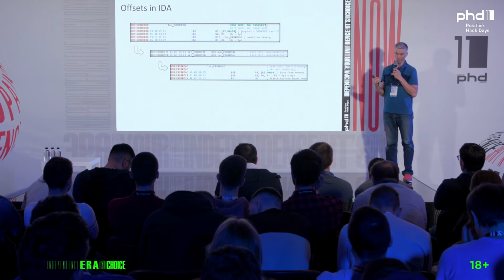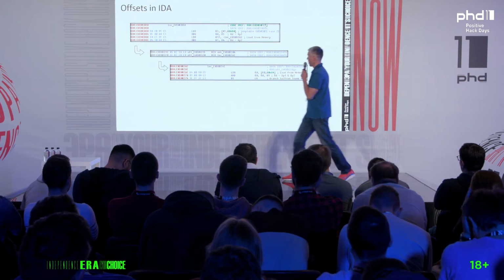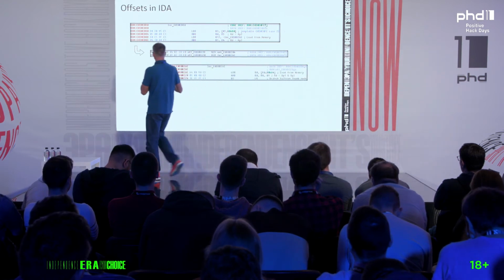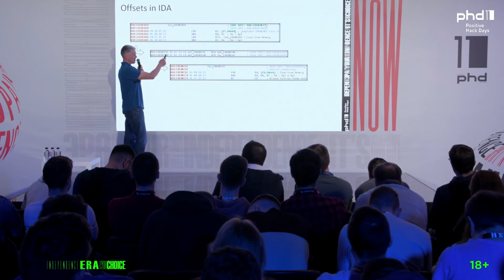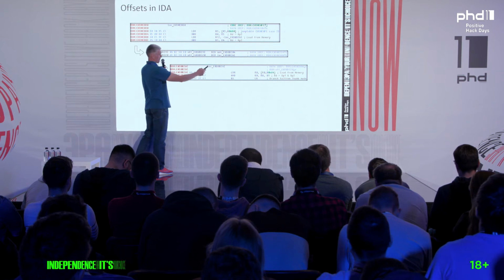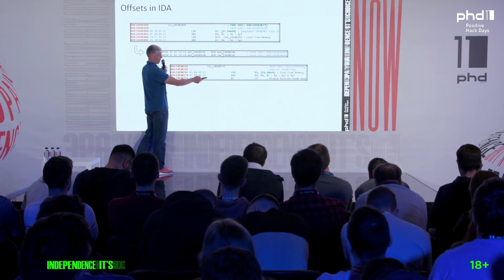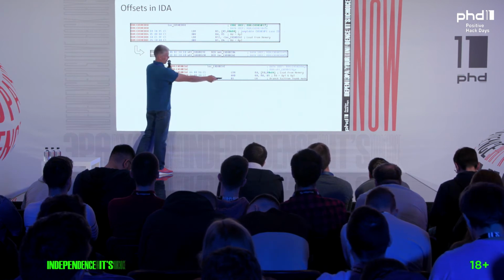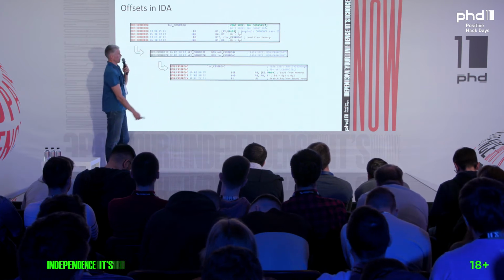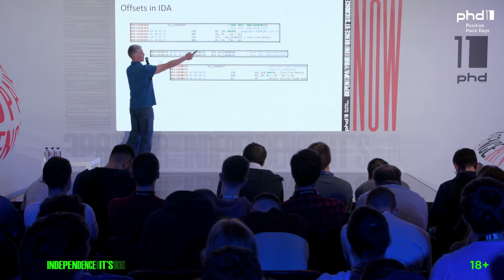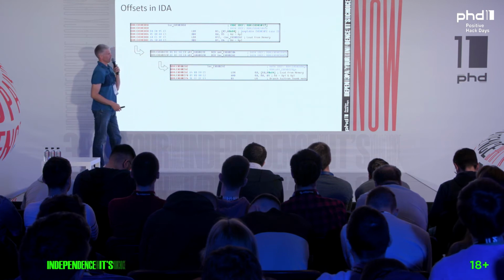So these were string offsets. Now let's look at code offsets. A similar situation here with two offsets. This one is linking to a code chunk. This must be a procedure here, because we see here a procedure return command.